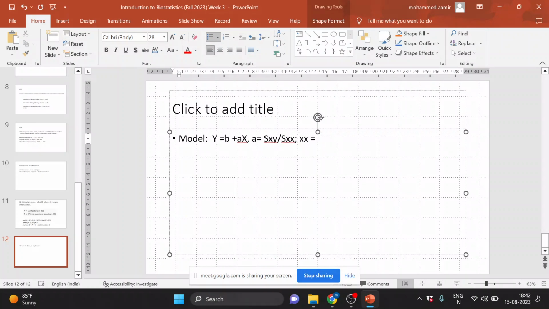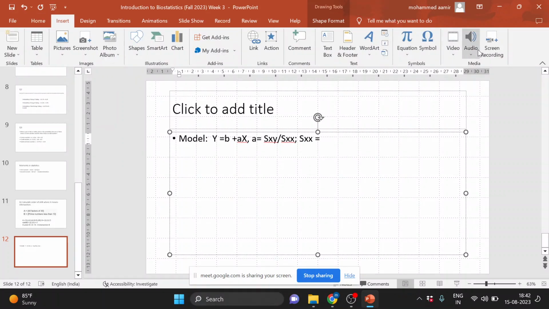I'll just write this down. If correlation coefficient value is given, how can you calculate A value from this formula, sir? I'll do it.